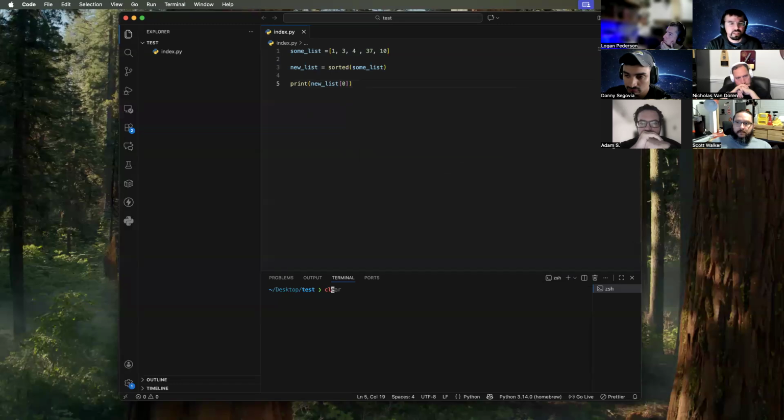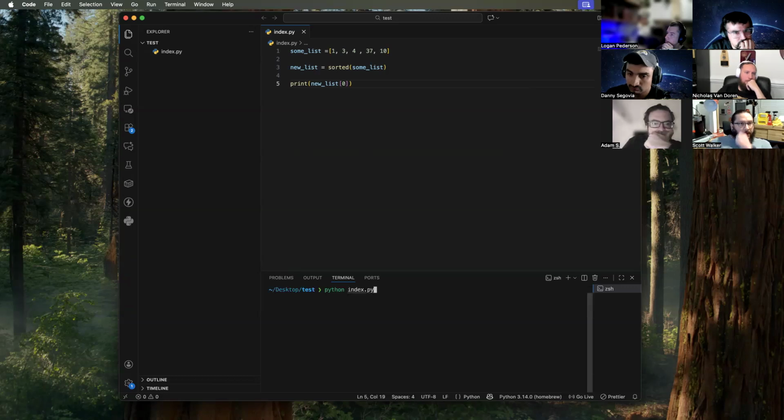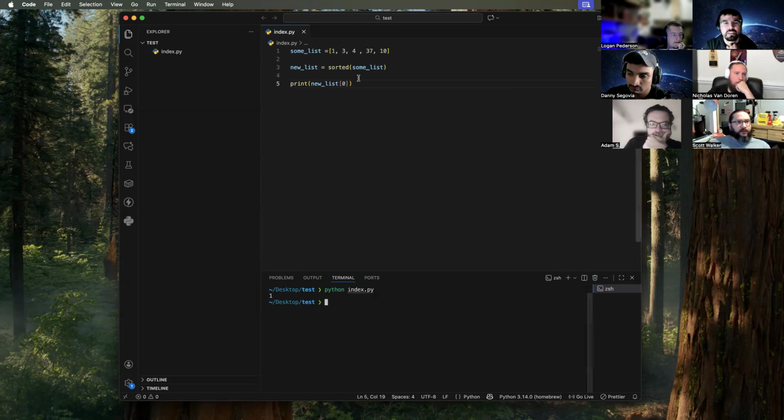If I run this, what am I going to get? Either 1 or 10, right? Because whenever it sorts it, it's going to put those two side by side.